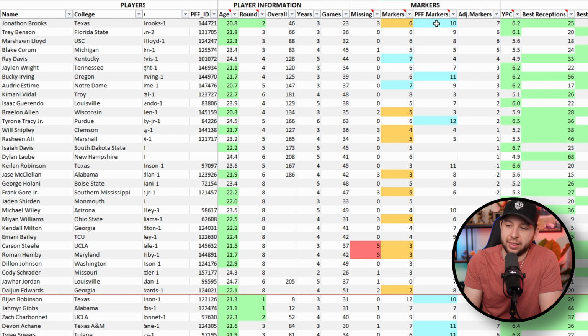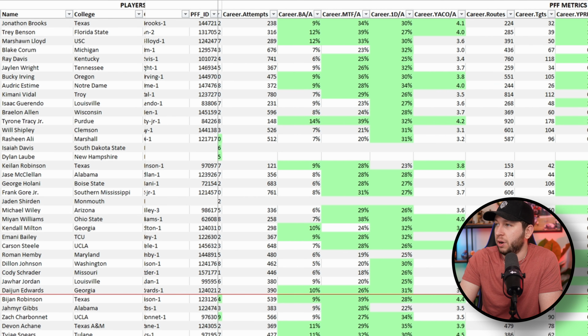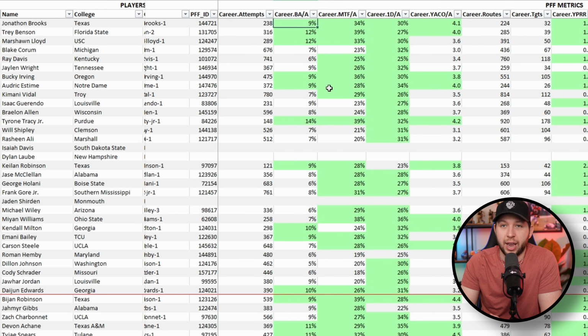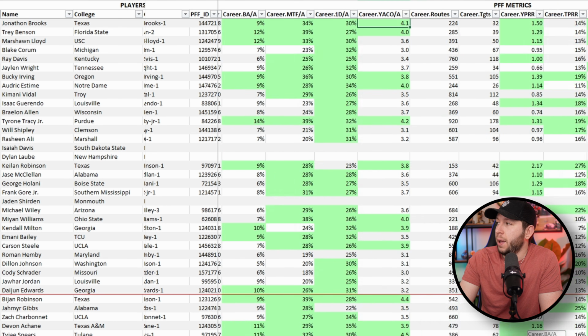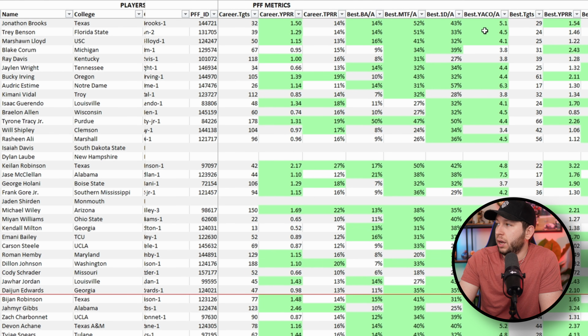What I found was that there wasn't really a metric that, so to speak, showed that they could be that much better at the NFL level, but there was probably about 4 of them that most of those running backs had. And the 4 that I really took note of was career breakaway runs per attempt, career yards after contact per attempt, best season of first downs per attempt, and best yards per route run per attempt.